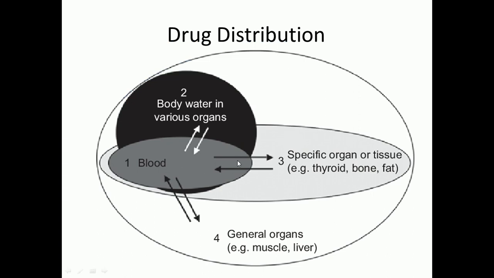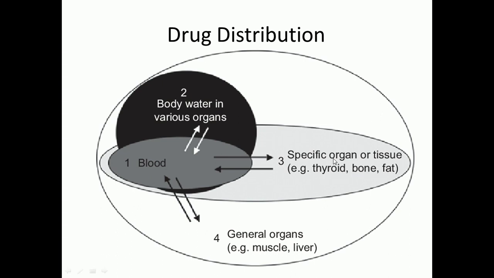The drug is distributed to a specific tissue, for example thyroid, bone, fat. There are certain drugs like iodine. Iodine is given as a drug, a tincture of iodine that is available in the market, and it is used for thyrotoxicosis to neutralize. That is taken up by the thyroid tissue.